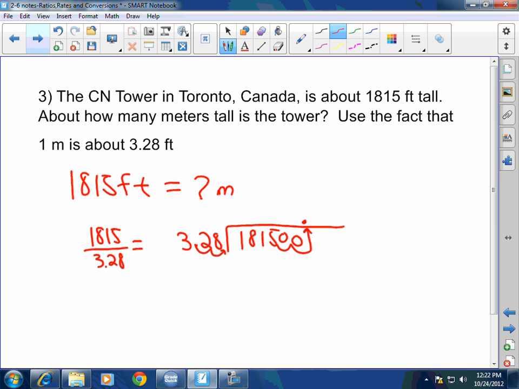The answer is going to be 553.35, and it keeps going, but we stop at the hundreds. So that's going to be 553.35 meters. You have my word that if you see something like this and it's crazy math, you can use a calculator. But I'm going to make sure that all the math can be done by hand. Okay? Yes, sir.